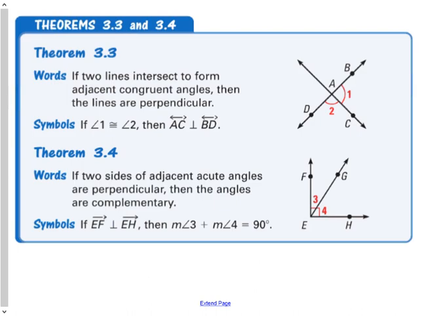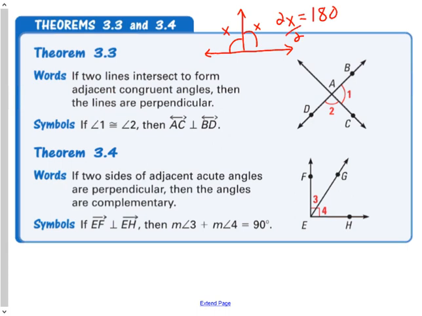Moving on to 2 more rules. If 2 lines intersect to form adjacent congruent angles, then the lines are perpendicular. Now, generally, I've seen this drawn more commonly as an upside-down T, not to hint at perpendicular. But if these angles are equal, they're both x, and we've got 2 x's that add to equal 180.